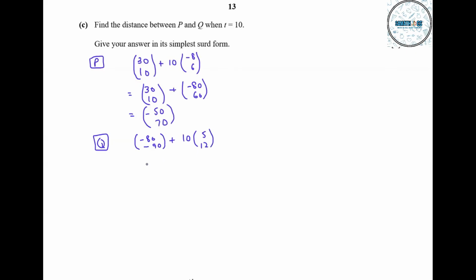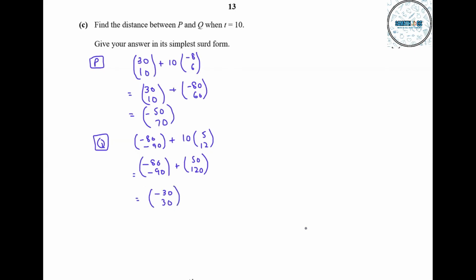So we have here minus 80, minus 90 plus 50, 120. So we have here minus 30, 30.